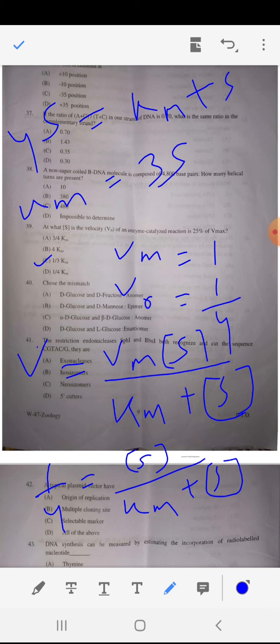The question asks for the value of substrate concentration, so S equals Km by 3. So the right answer is 1 by 3 Km.